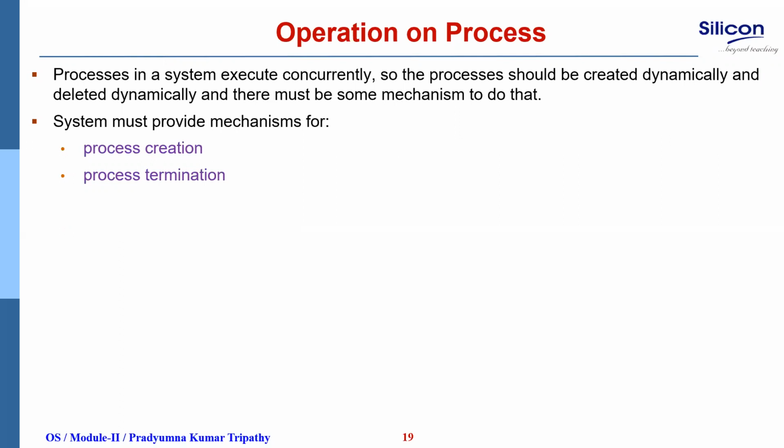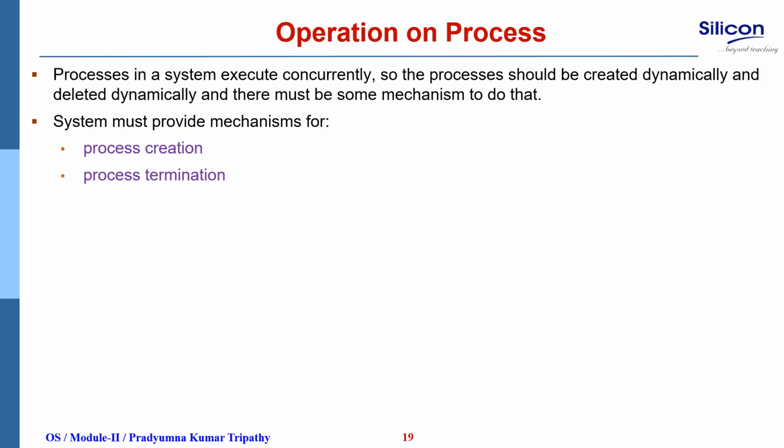So processes should be created dynamically and deleted dynamically. There must be some mechanism to do that. While multiple processes may enter and may be deleted, how can this be done? Two things: dynamically we need to create the process, and dynamically we also want to delete the process. Dynamically means at runtime we have to do both tasks.